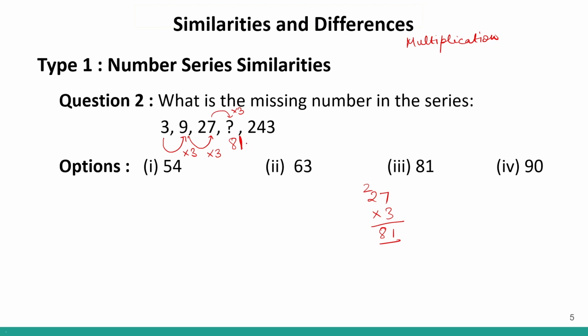Now we have to check whether multiplying 81 by 3 will give us 243. So if I multiply 81 by 3, I'll get 243. So putting 81 in this position will follow the same logic with the previous term and the next term. So our answer will be option number 3, 81.